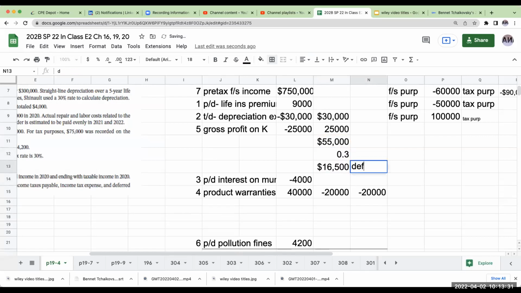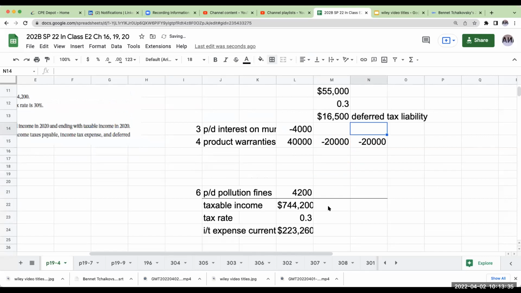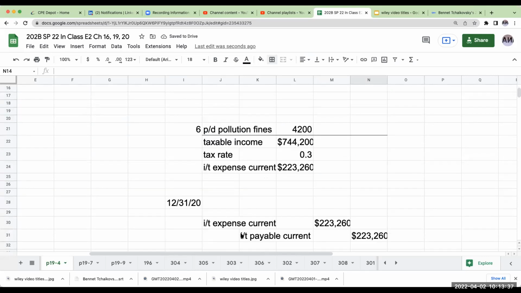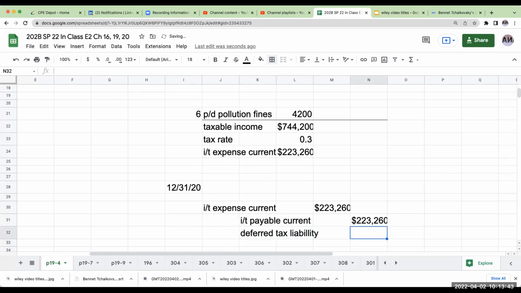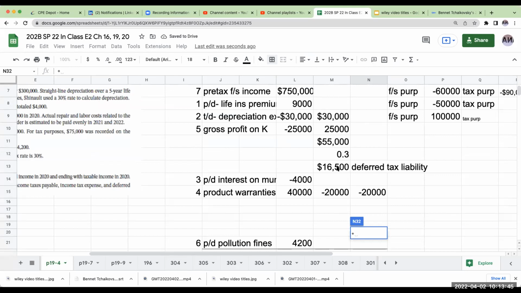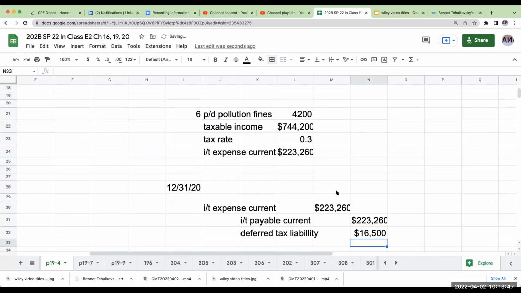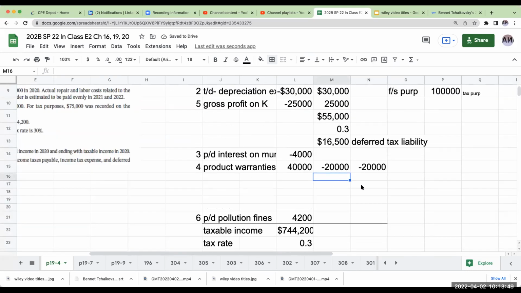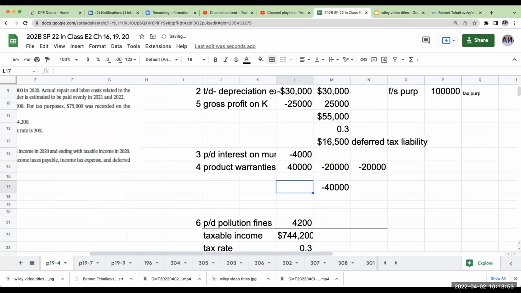So this is going to be my deferred tax liability. So right over here, I'm going to have a deferred tax liability of $16,500.